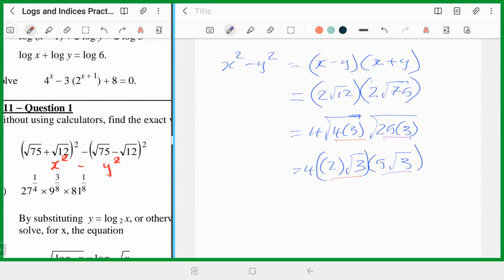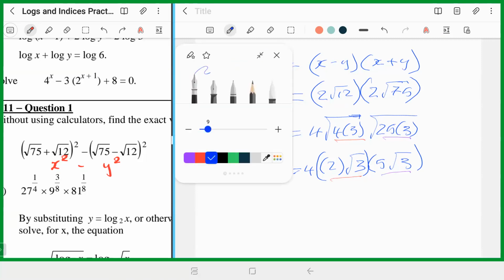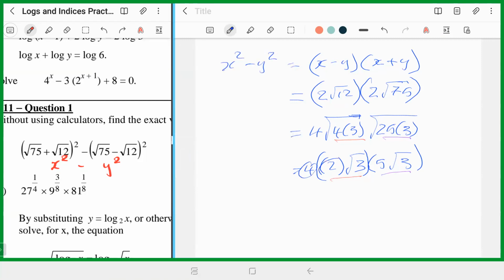Then in terms of a final value, it becomes 4 times 2 times 5. That's 40, right? 4 times 2 is 8, 8 times 5 is 40. So it becomes 40 times root 3 times root 3, which is 3. So the final answer is 120.